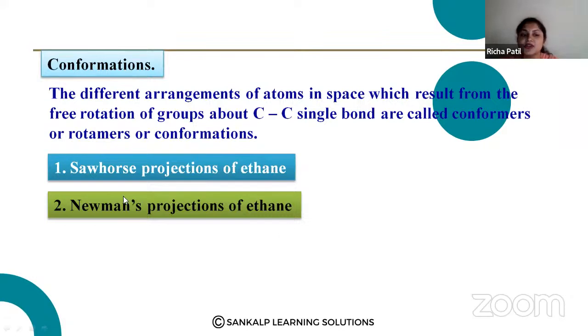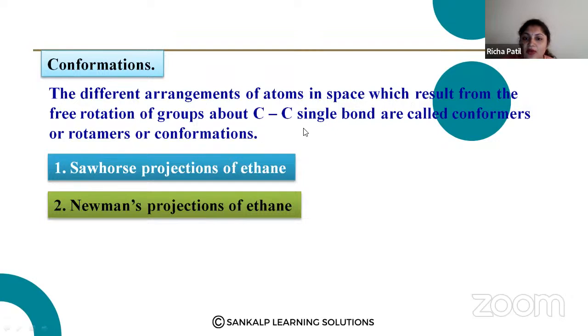Across the C-C bond, if there is rotation, there are 2 projections. First is the Sawhorse projection and second is the Newman projection. By these 2 methods, you are going to arrange the different atoms in space across the single bond.